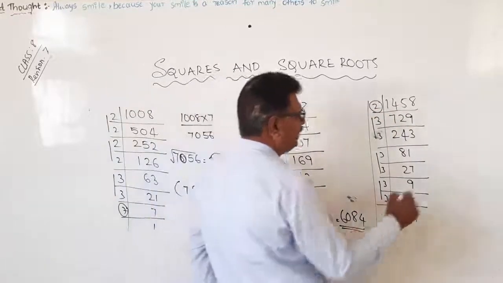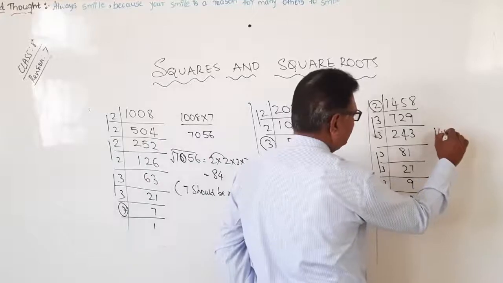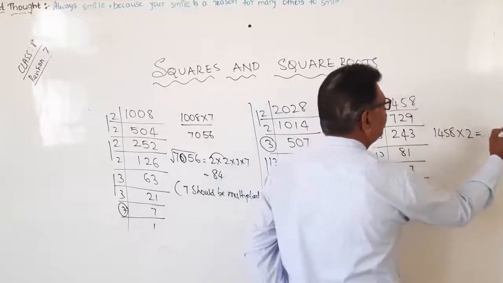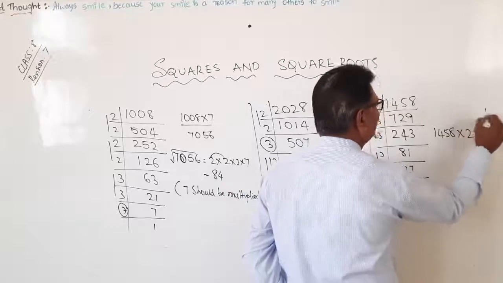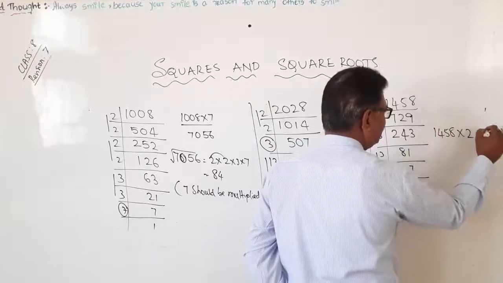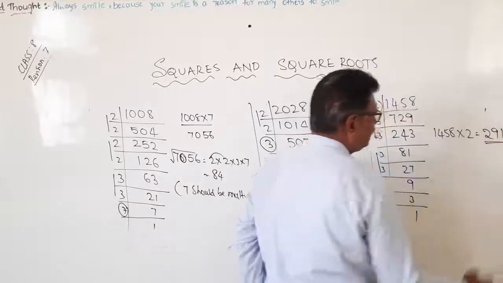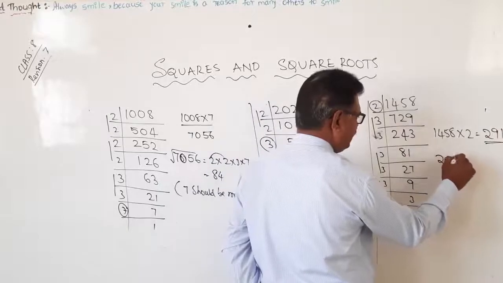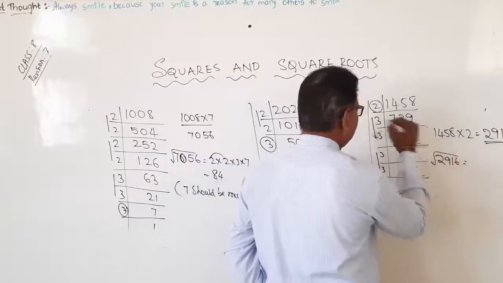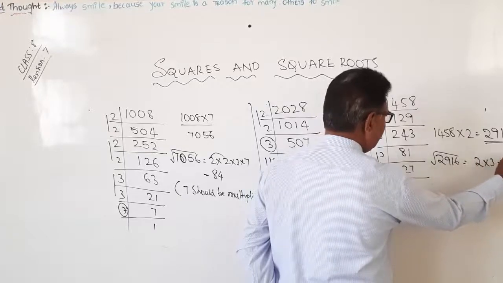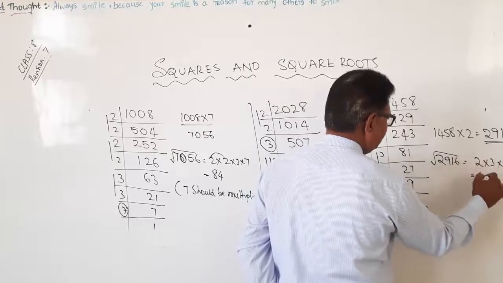Therefore 2 should be multiplied. That is 1458 must be multiplied with 2, so that it becomes 2916. Okay? Therefore the square root of this, 2916, is nothing but 2 into 2, 3 into 3, 3 into 3, 3 into 3. It is nothing but 54.